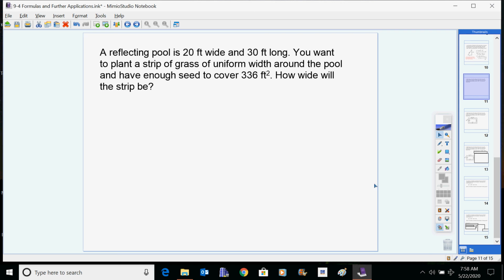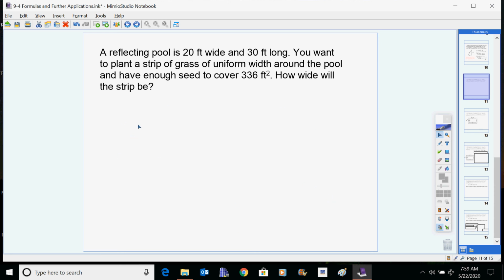You have enough grass seed to cover 336 square feet. And rather than start making the path too wide, you want to make sure that you're going to have enough seed to cover all of it once you've started. So you're going to calculate how wide the strip around the reflecting pool is going to be.